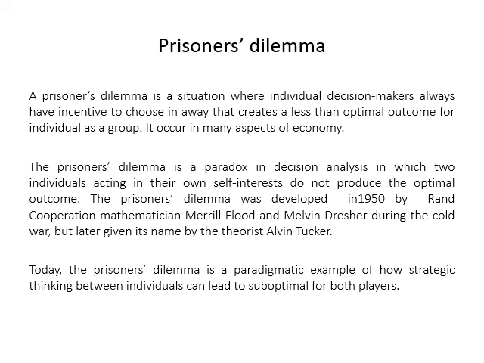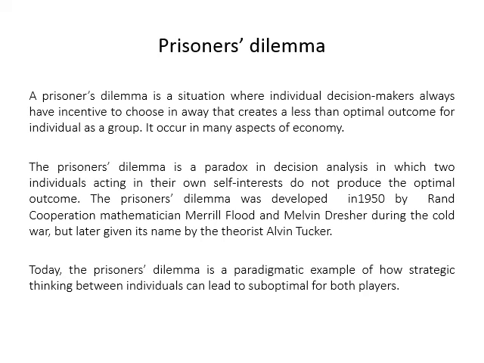It occurs in many aspects of economics. The prisoner's dilemma is a paradox in decision analysis in which two individuals acting in their own self-interest don't produce the optimal outcome.